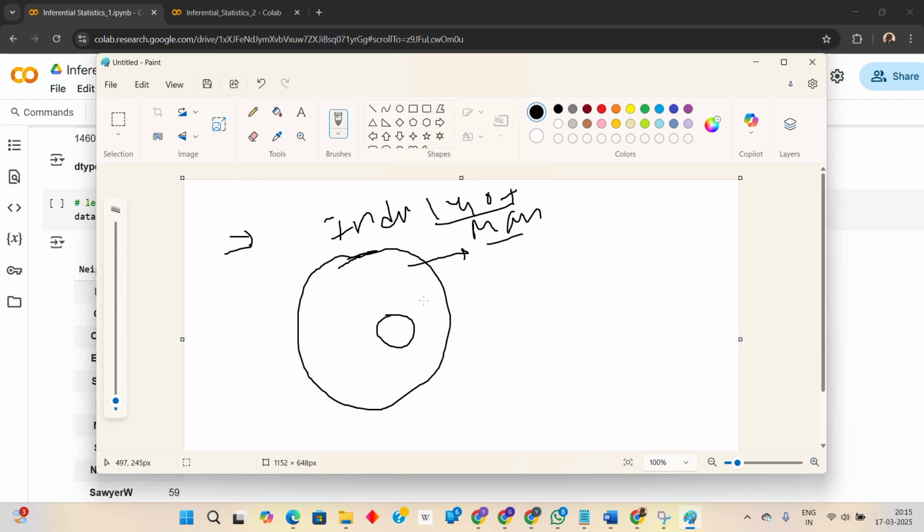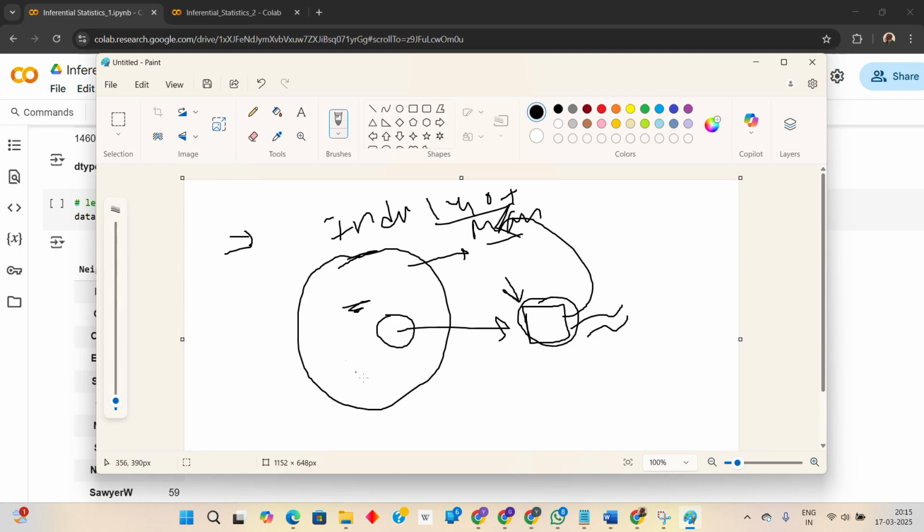Instead, I can collect a sample, calculate the average and whatever statistics I want on this sample, and then estimate it for the population. These estimated values should be very close to the population ones. Then only does it make sense; otherwise it makes no sense.